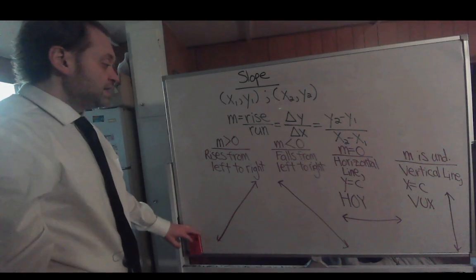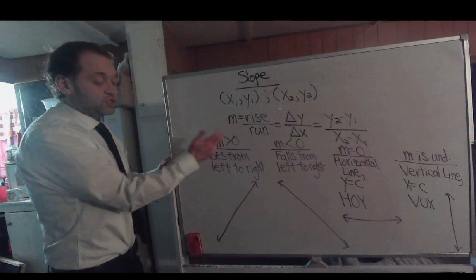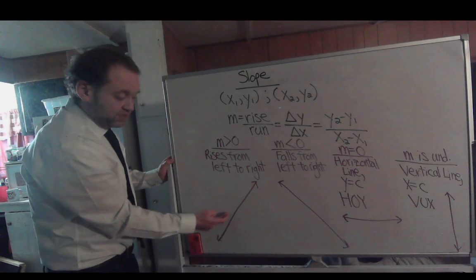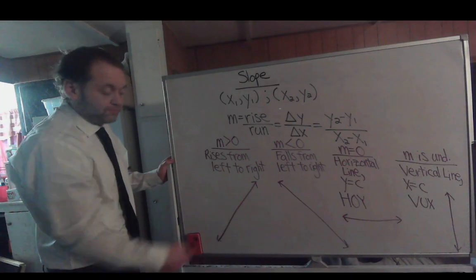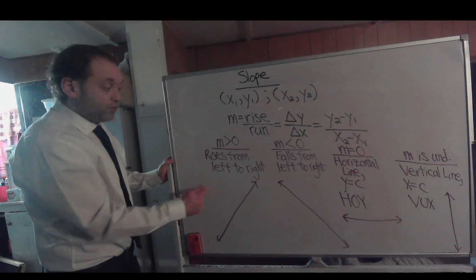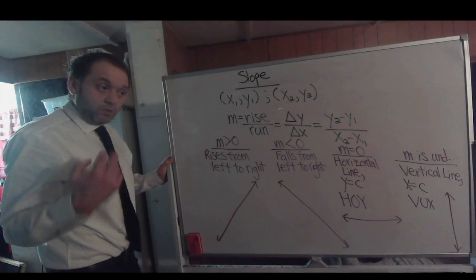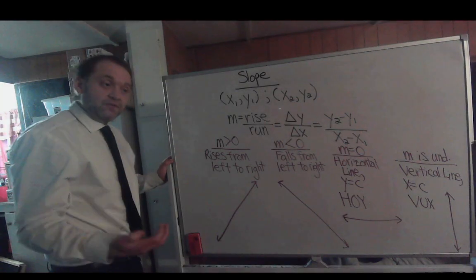And let's talk about if the slope is greater than 0. Here's an example of a line with the slope greater than 0. As you can see, it rises from the left to the right. This is what we're talking about, the end behavior of a line.